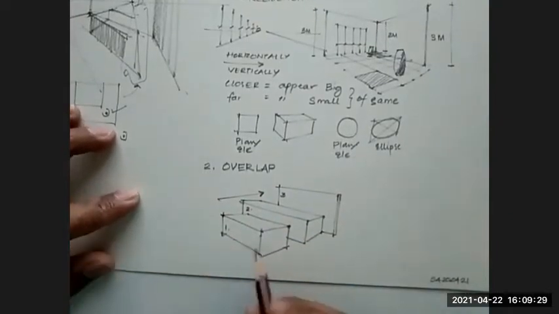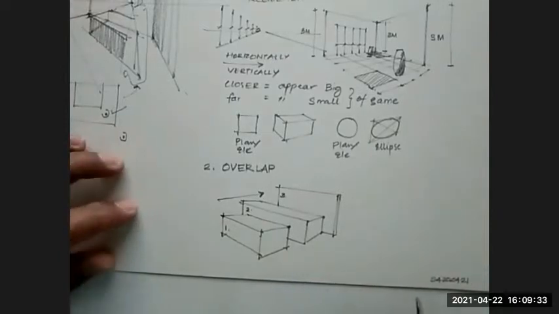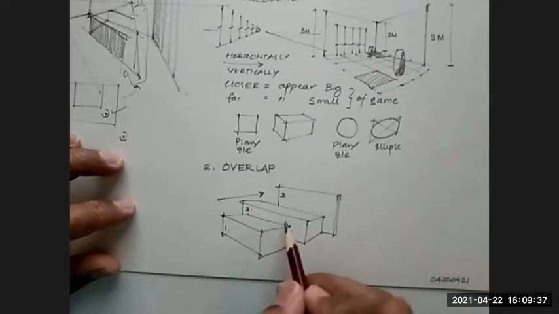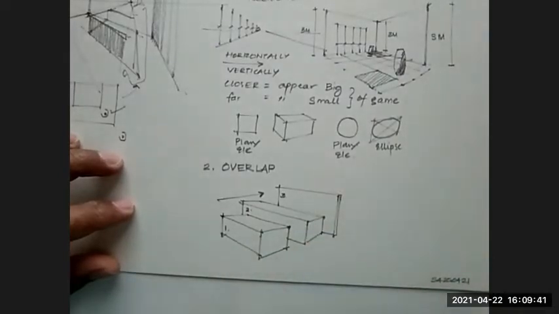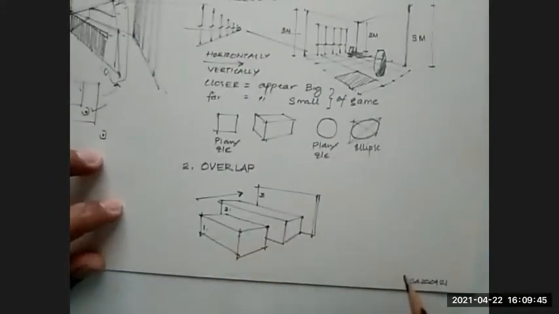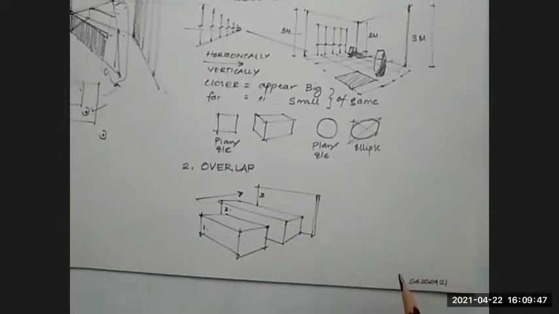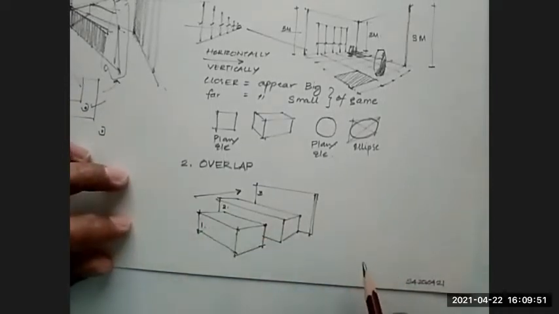Why? Because the objects will be seen in this similar way by my eyes, and number 1 is overlapping number 2, number 2 is overlapping number 3. So always remember, to achieve more depth in your perspectives, follow the rule of overlap.